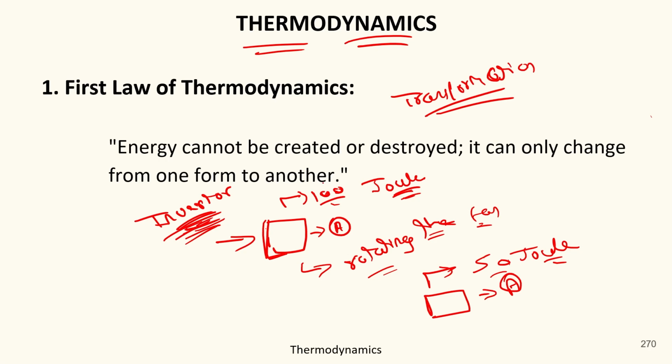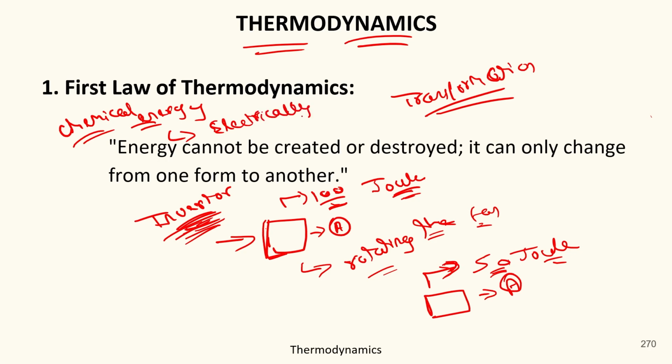If the inverter starts with 100 joule of energy and starts rotating the fan, then after some time you will notice its power has decreased, because first it has chemical energy. Inverters have chemical energy, and when it starts moving the fan, it transfers the chemical energy into electrical energy, and the electrical energy is transferred into wind energy.